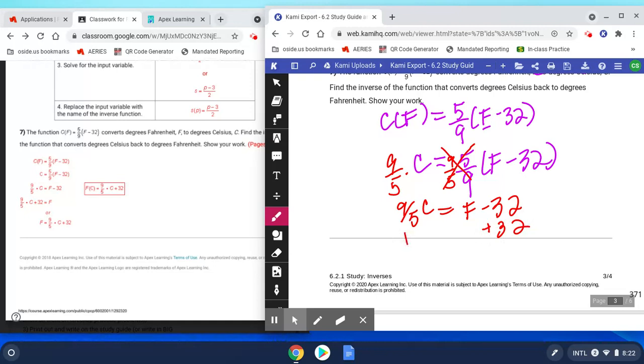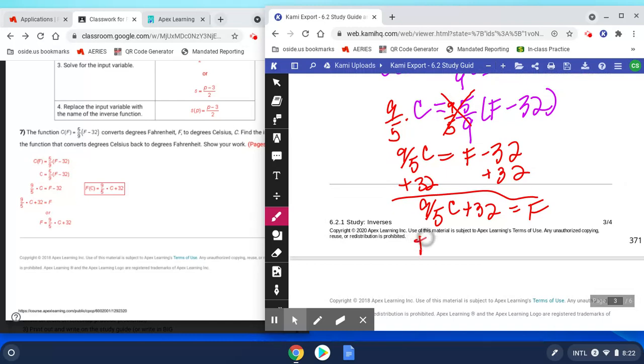I just need to move the 32 over. So now I've got my new function in terms of Fahrenheit. And so you can rewrite it as F of C if you'd like to, as a function name. F of C equals 9/5 C plus 32.